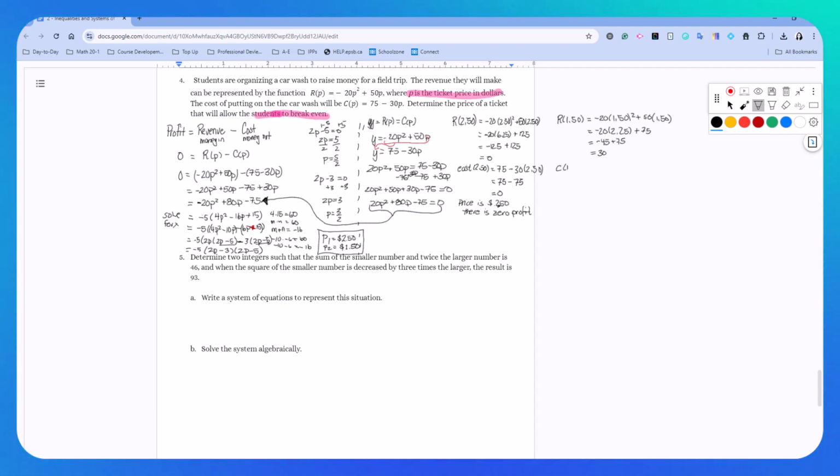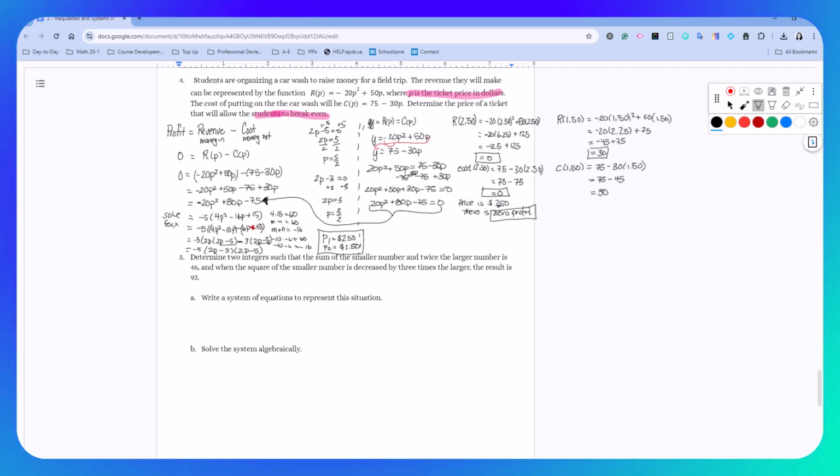But let's look at the cost. So the cost is 75 minus 30 times 1.5. So that's 75 minus 45, which equals 30. Now that kind of makes a little more sense. Whereas this one, there was 0 revenue and 0 cost, which is 0 profit.